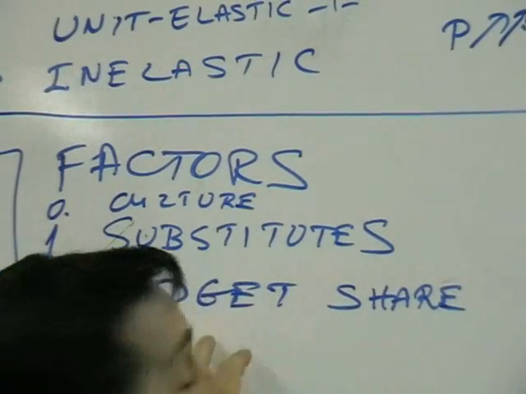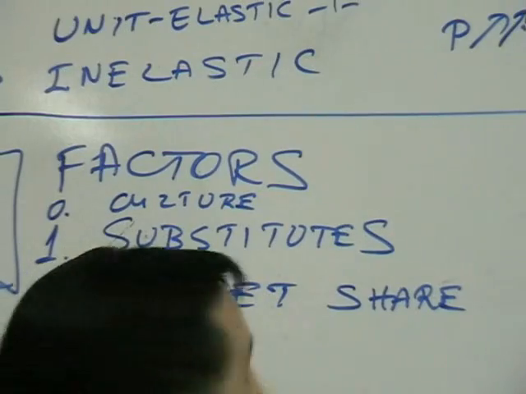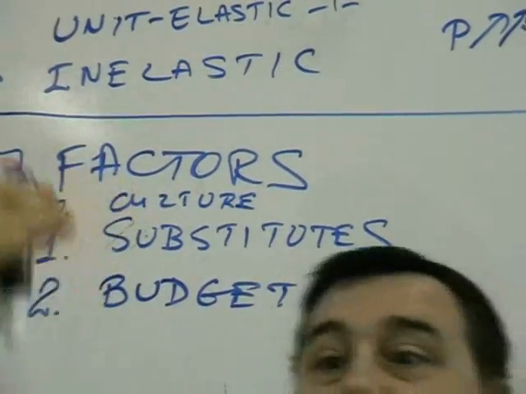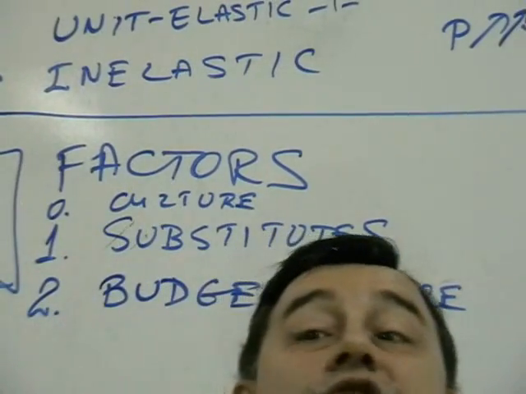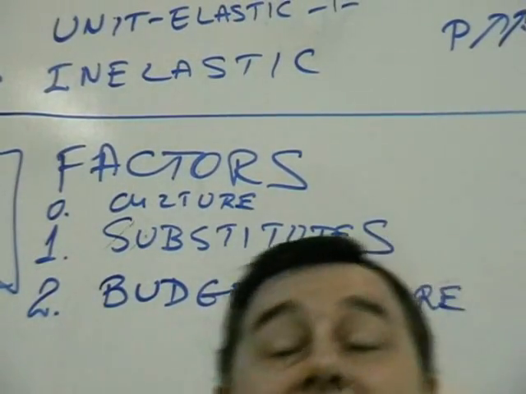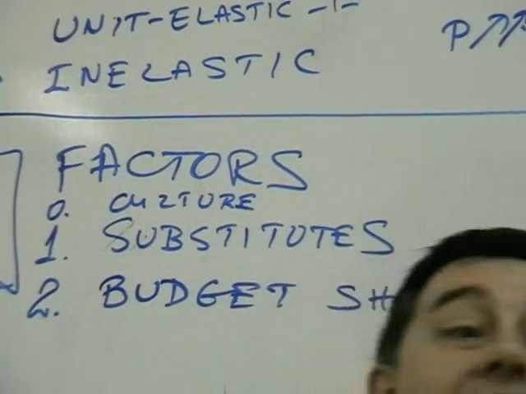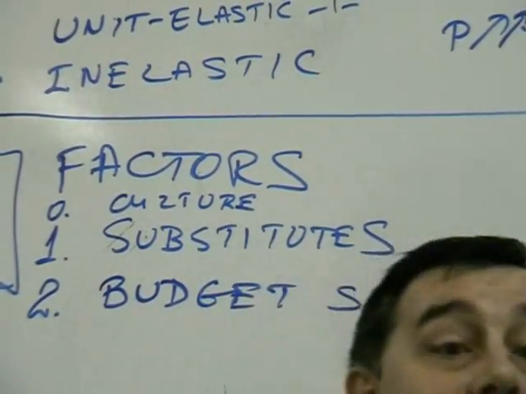In other words, if the share of the budget is large, maybe 10, 20, 30%, then you're extremely sensitive. Then you begin to figure out, are we going to go here, are we going to go there, or do we have to use the car today or tomorrow?